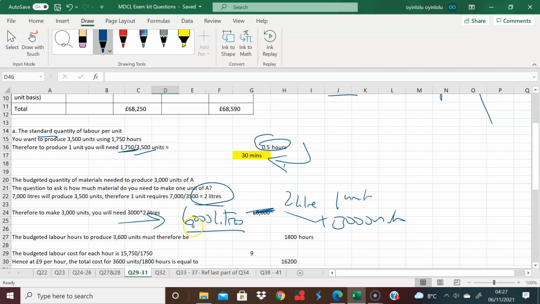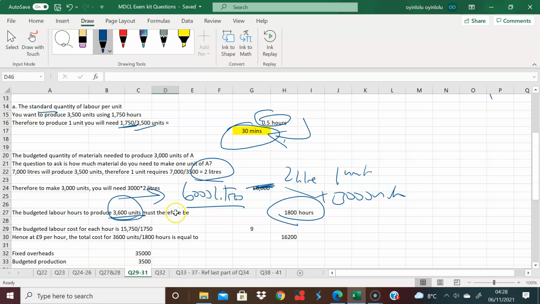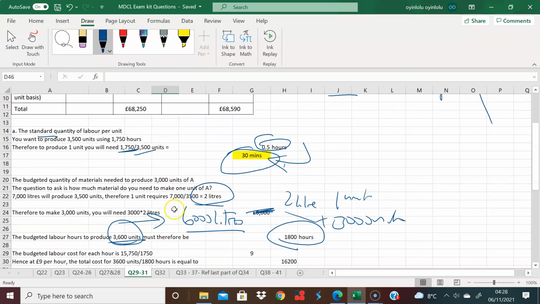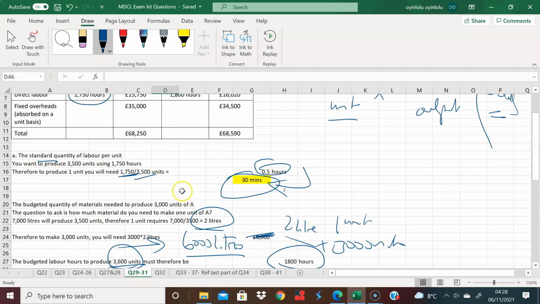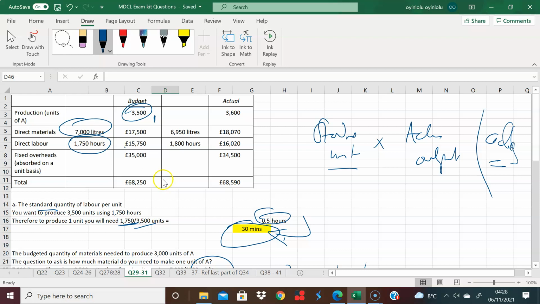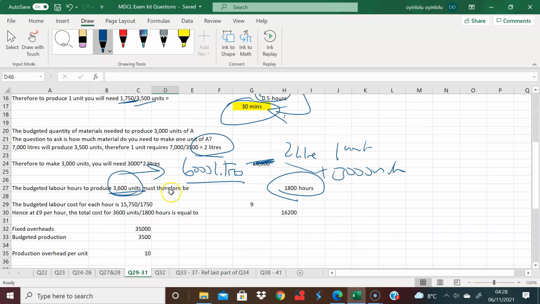Then the question asks about the budgeted time for 3,600 units, the flex budget. I know it takes 30 minutes to make a unit, so half an hour times 3,600 gives us 1,800 hours. Now we cost this. You're spending £15,750 on 1,750 hours, so the budgeted labor cost per hour is 15,750 divided by 1,750, which is £9 an hour.